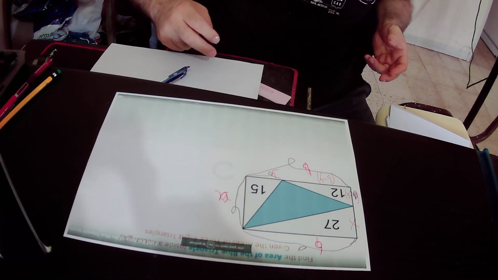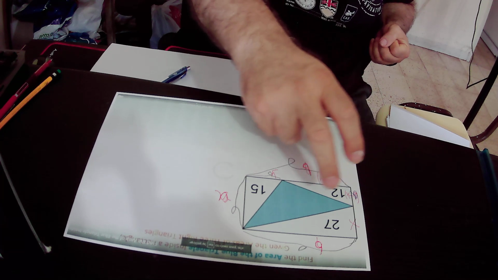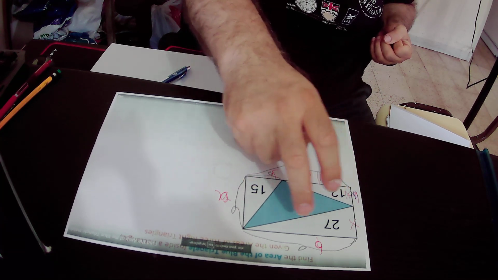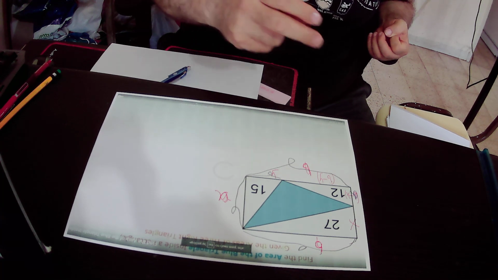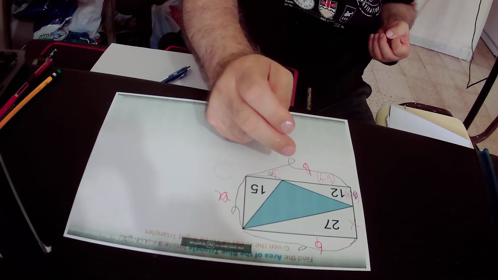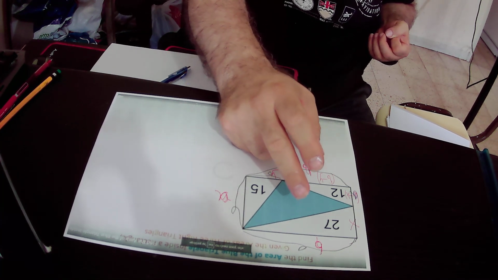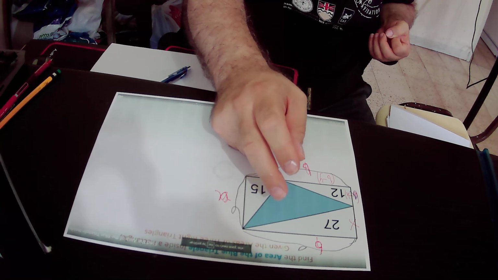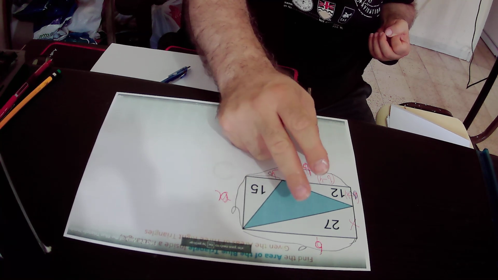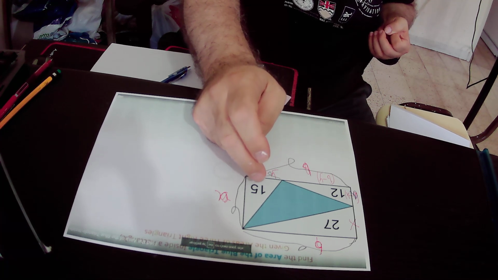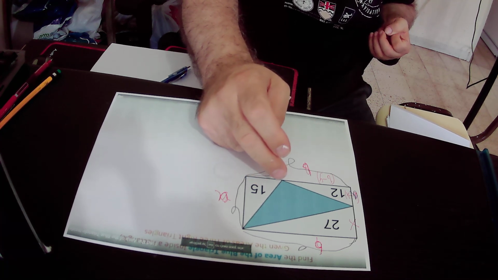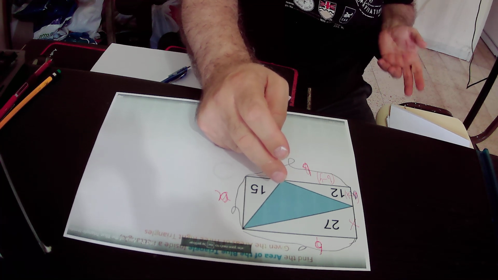The second value for a times b was 18 units, and 18 units is impossible. It is impossible that the area of the rectangle equals 18 units, because the rectangle itself contains three right triangles whose total areas are 54 units.